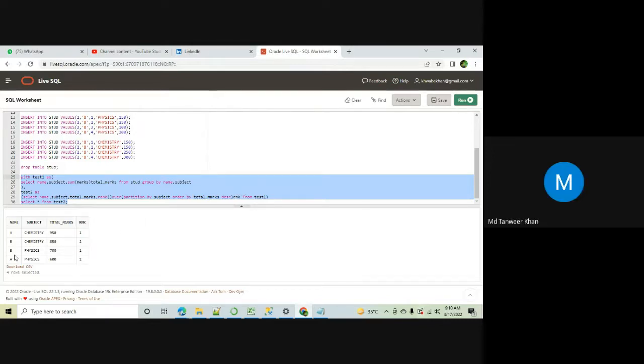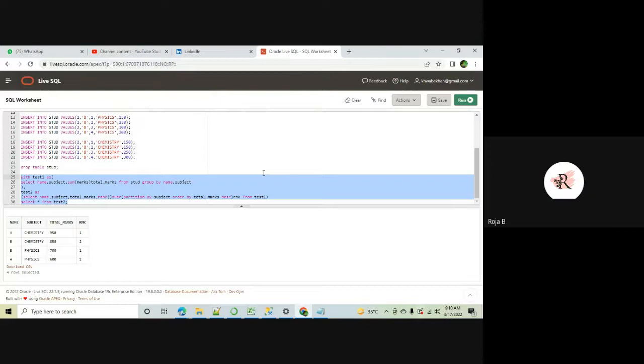Did you understand anything from this query? Anyone who understood this? Try to explain what you understood.